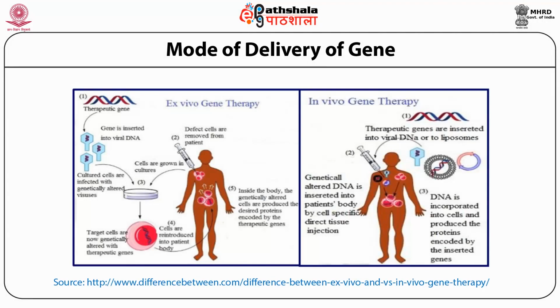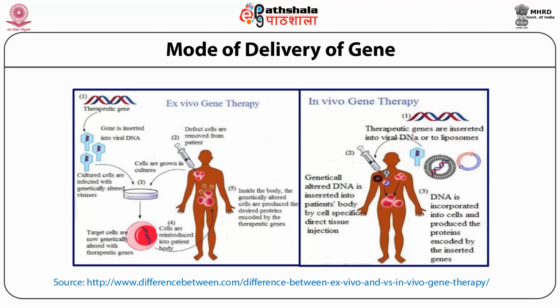The figure explains the mode of delivery of the gene. So there are basically two modes: ex vivo gene therapy, in which cells are taken from a particular organ of the patient and cultured in the lab. The therapeutic gene is introduced by cloning.